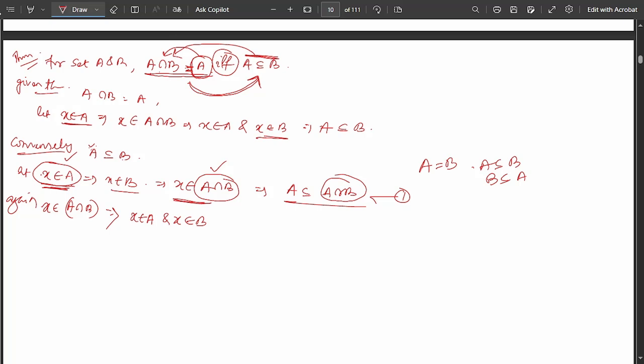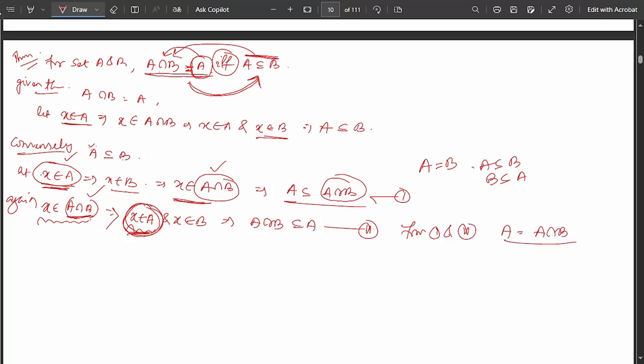This proves that if x belongs to this, then x belongs to A also and B also. That means x also belongs to A. So every element of A ∩ B is an element of A. This implies that A ∩ B is a subset of A. So from 1 and 2, A is equal to A ∩ B. So this proves our theorem.